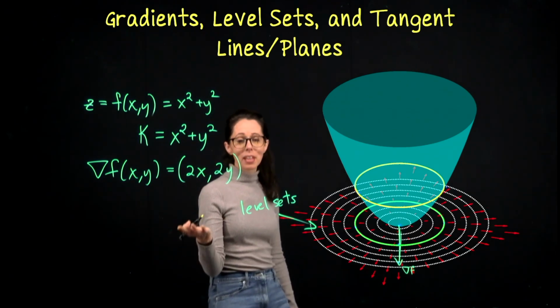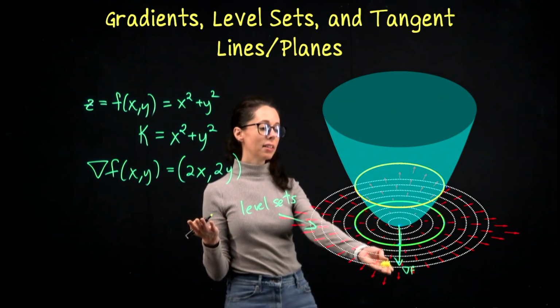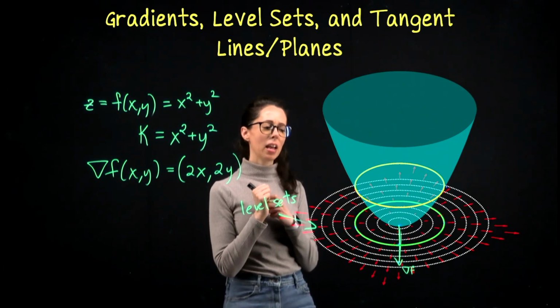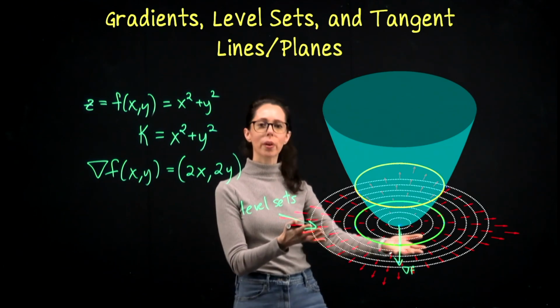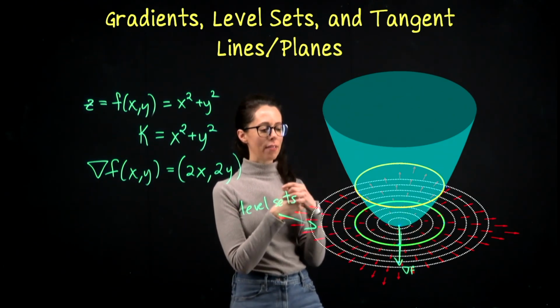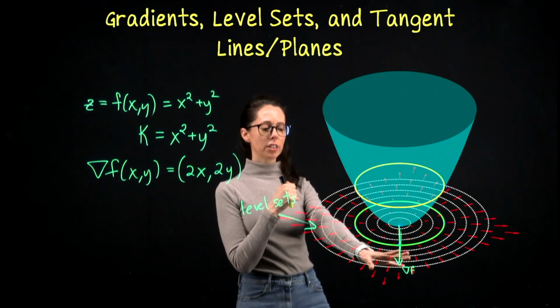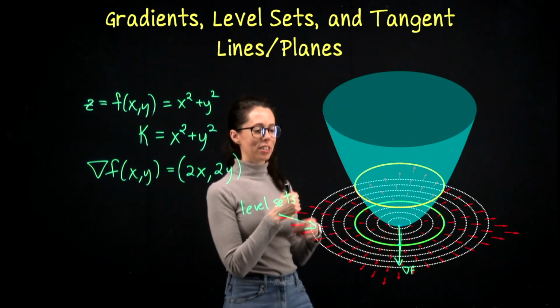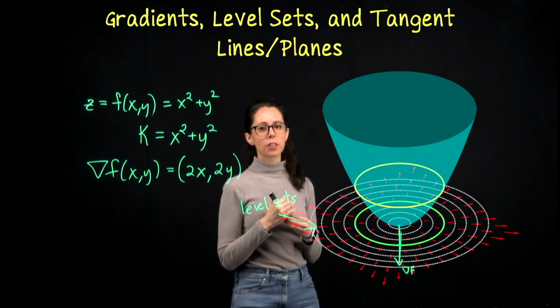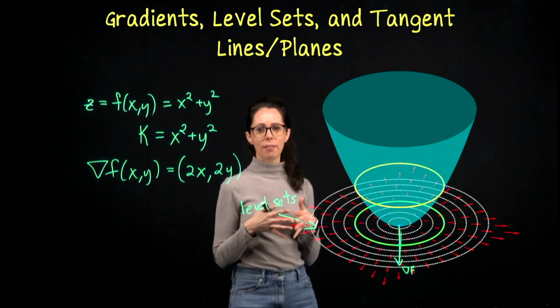So that's one thing, is that the gradient would look like this. Anytime you are trying to visualize a vector field, though, especially if you're doing it with a computer like I've done in this graphic, you rarely sketch the vectors at their true lengths. So if you compare the vector I just sketched to the little red vectors, it's much longer. And that's because vector fields are usually scaled down in computer graphics.